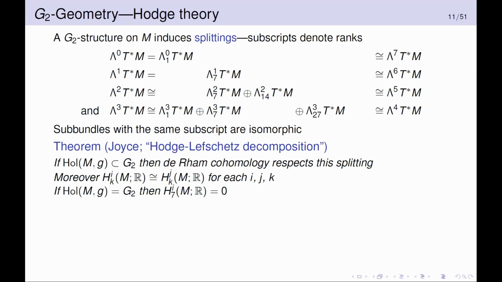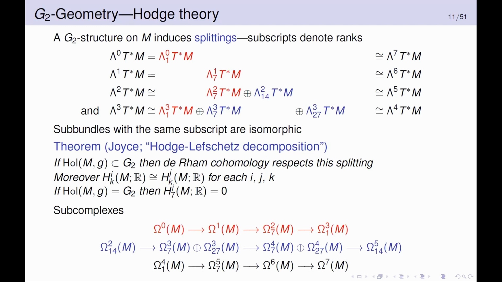And if you are actually in holonomy G2 and not just a subgroup, then these 7-dimensional pieces all vanish. So here you have the first obstruction against G2 holonomy. The first Betti number must be 0.